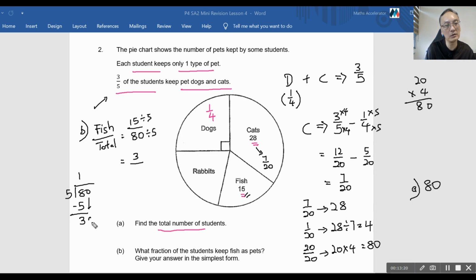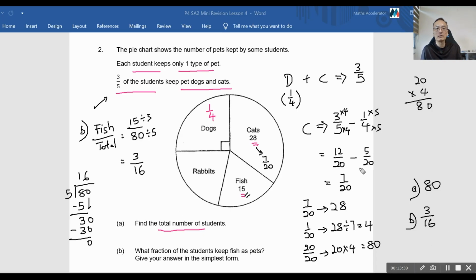Bring down the 0. 6 times 5 will give you exactly 30. So we know that it will get 3 over 16. So part B, 3 over 16.